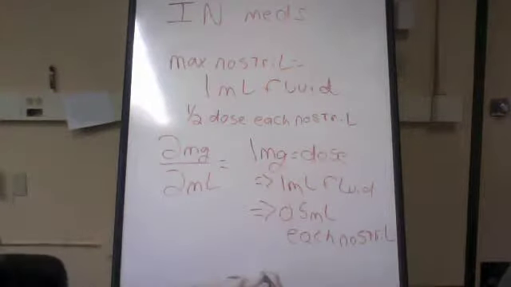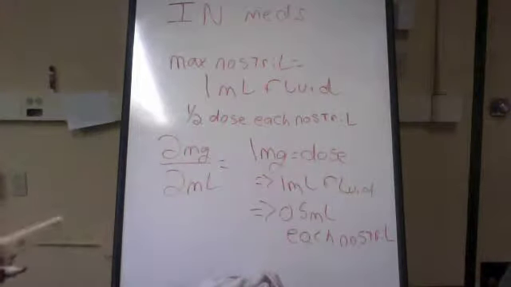So we're going to give 1 milligram as the dose we choose, which, because of the 1-to-1 ratio, is 1 ml of fluid, and in turn would be half milliliter of fluid in each nostril.